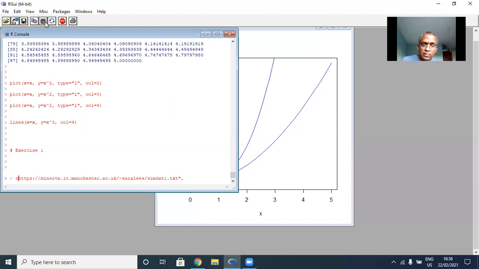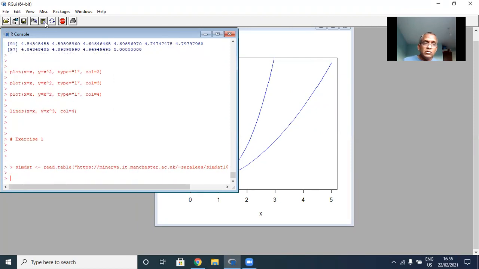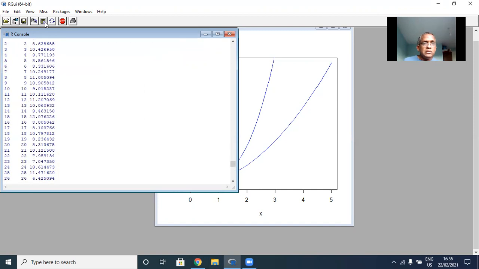Then let me call this sim dat, right? Then read.table, open quote, end quote, header equal to TRUE. All right, now if you type sim dat, you see the data that I just read, right?